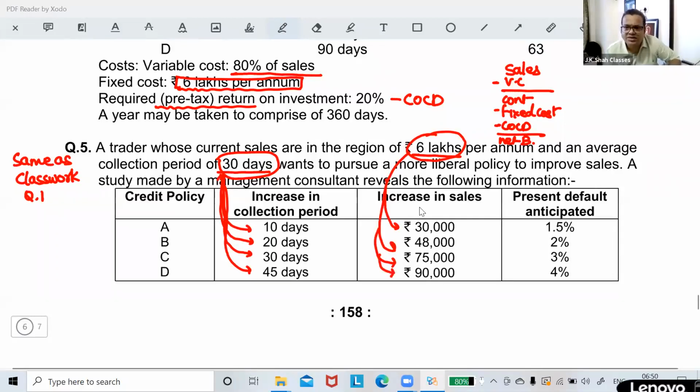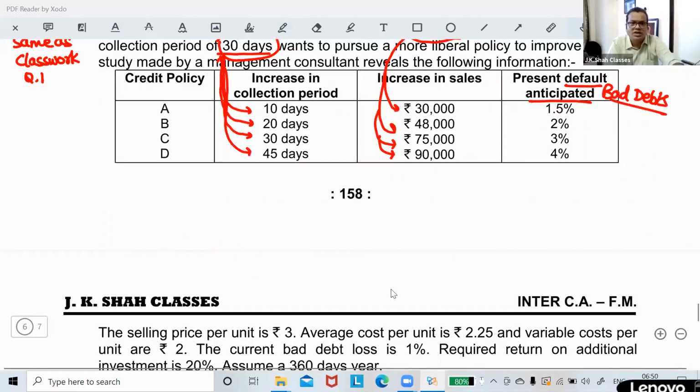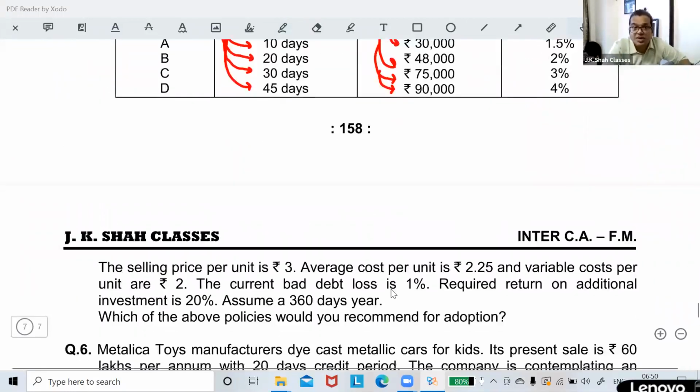And the present default anticipated. What is that? Bad debts are given in the question. Again, see, this is there, your favorite. Selling price is 3 rupees per unit. Average cost is 2.25. This is now going the same way as the question number 1 guideline. Right, guys?